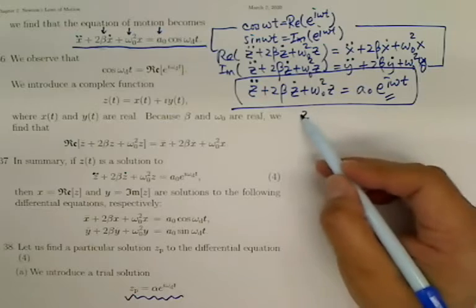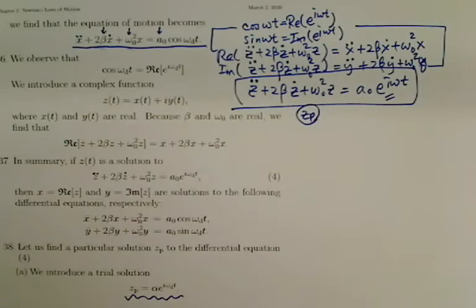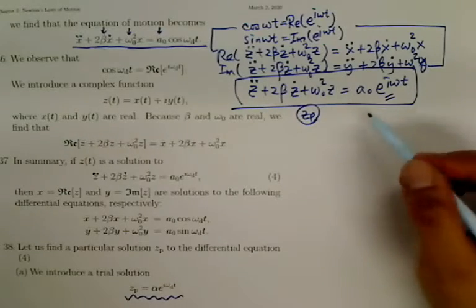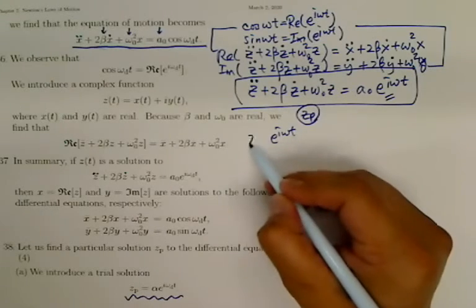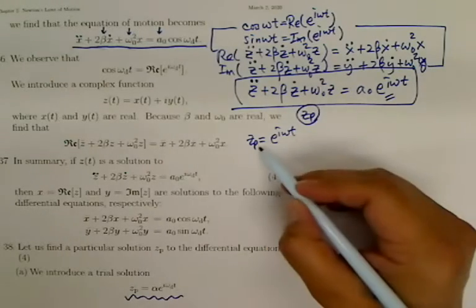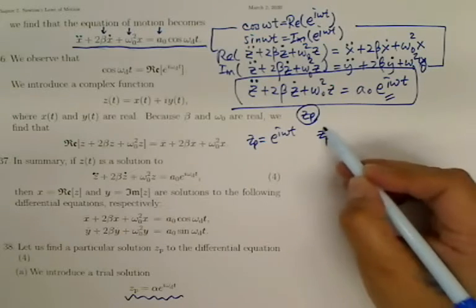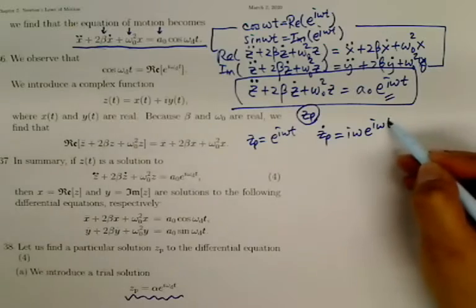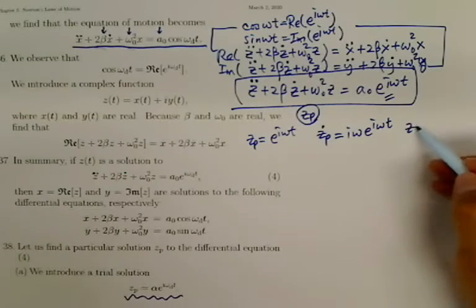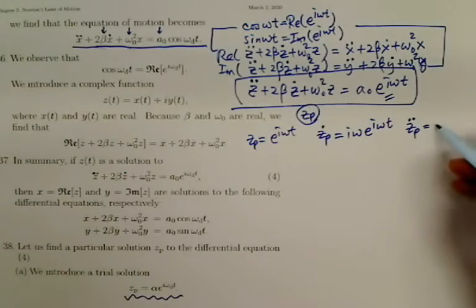To find the particular solution, we proceed in a similar manner, but we don't have to introduce any shift because it is an exponential. The particular solution is z_p, with z_p dot equal to i omega e to the i omega t and z_p double dot equal to minus omega squared e to the i omega t.